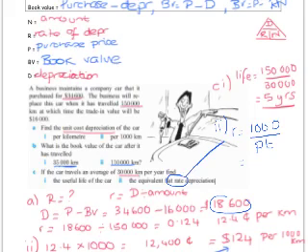Depreciation was 18,600. So 100 times 18,600. We know the purchase price was 34,600, and the time is what we found in part C, which was 5 years. So we're going to do 100 times 18,600 all over 34,600 times 5. Working that out on our calculators gives us 10.75%.